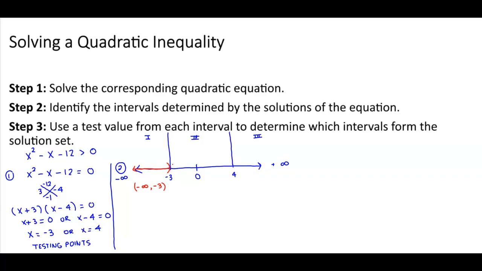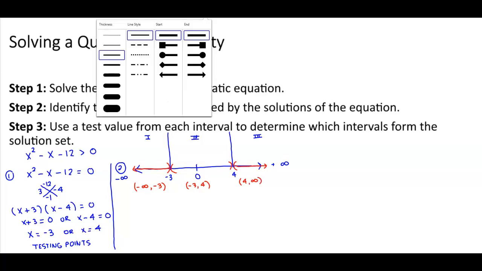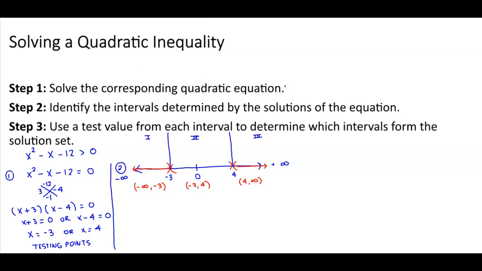Region number 2 is between negative 3 and 4. And region number 3 goes from 4 to positive infinity. So now we've done step 1 by solving the quadratic equation to find the testing points, and number 2, we've identified the intervals determined by the solutions of the equation.